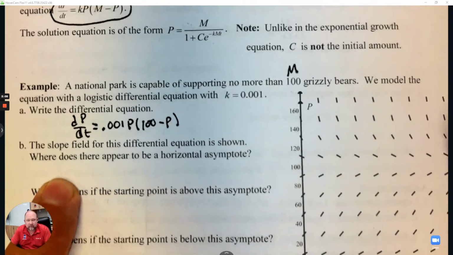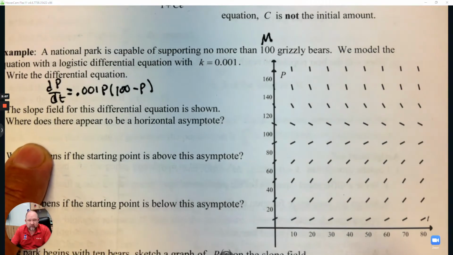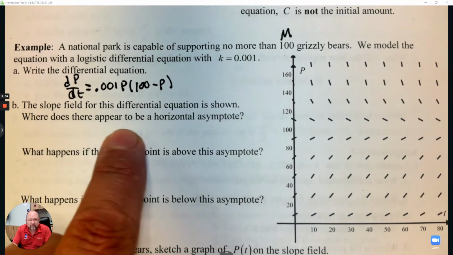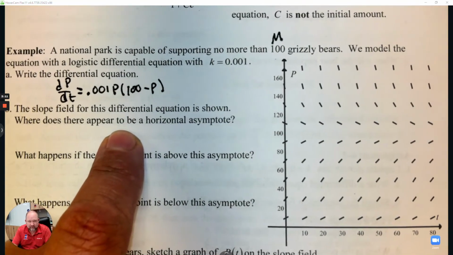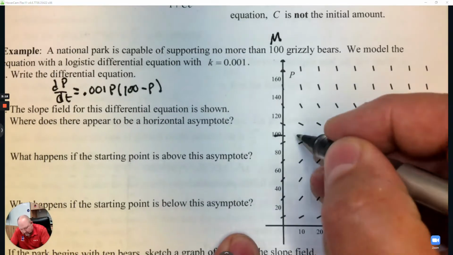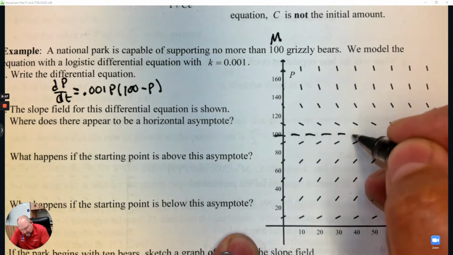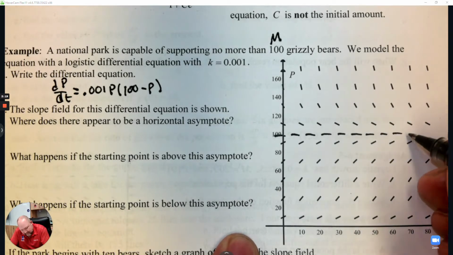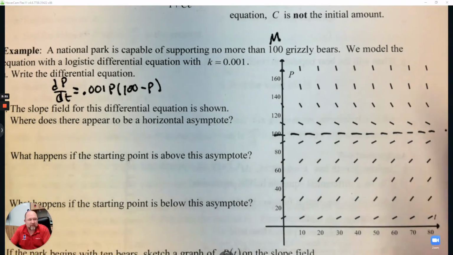The slope field for this is shown to the right here. Where does there appear to be a horizontal tangent or asymptote? I said at 100 right here, you can see that it appears to be like that's it. It comes together there at 100.